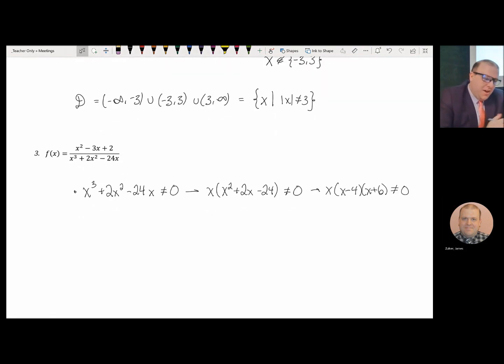So that means that none of these 3 factors can be 0. That means x cannot be what? -6, 0, nor 4.